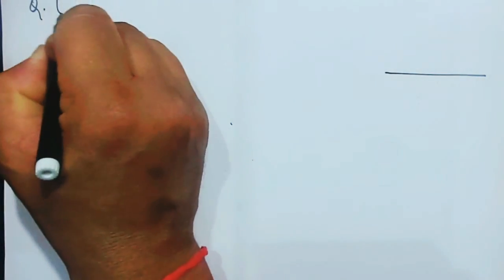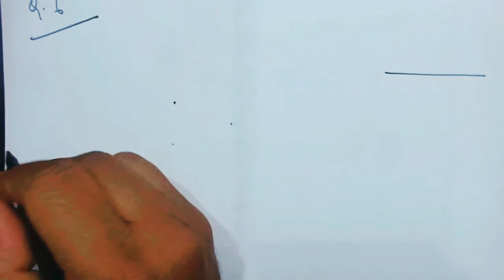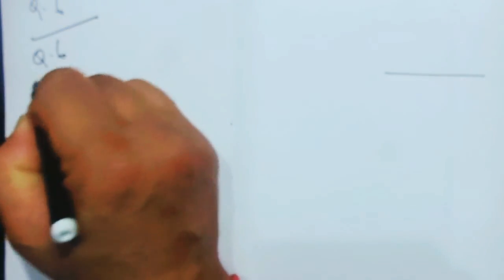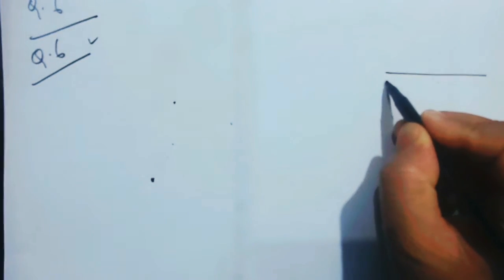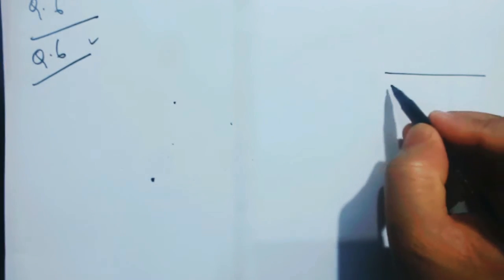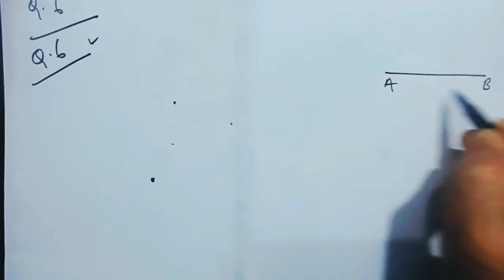Now moving on to another one, that is number 6. We have to draw a line segment. This is our number 6, in which we have been asked to draw a line segment of length 6.4. So the line segment can be anything. We will take AB as 6.4 centimeter.